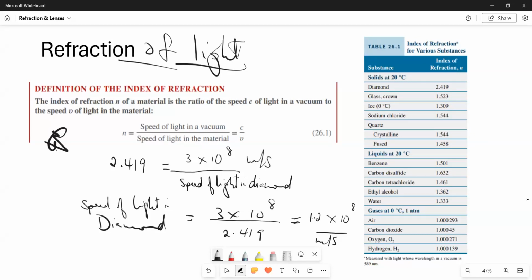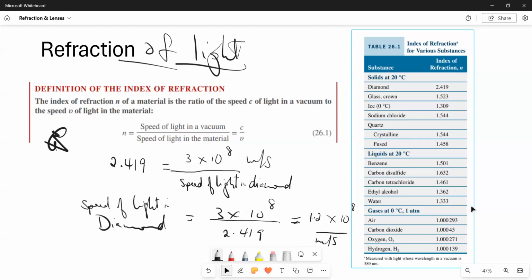So you notice that air has a refractive index of roughly 1. Most of the gases are roughly 1, just like a vacuum. Meaning the speed of light in air is almost the same as the speed of light in a vacuum.